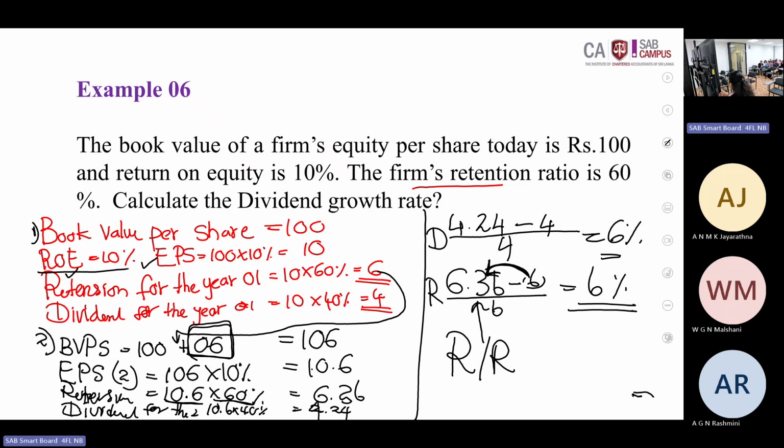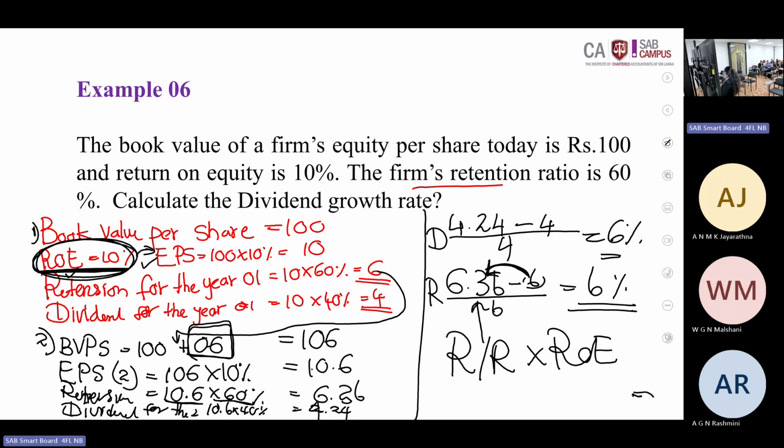If we have ROE only, you can have a retention. If you do not have ROE, can you identify the earning per share? Some years there might be no earning per share. So if only the ROE is there, which is providing a base for the EPS, right? These are the two factors that are affecting 6 becoming 6.36.